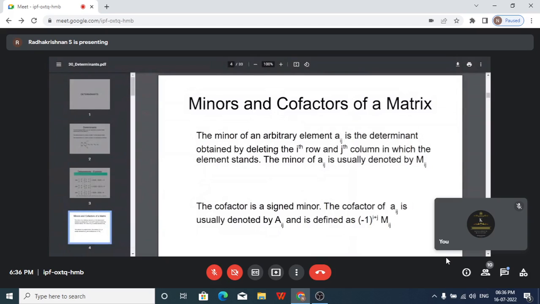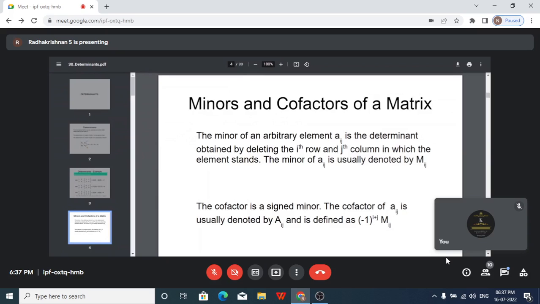So that means we take the first element A11 as positive, after that the next element will be negative, then again positive, then negative, it keeps alternating. So that will be minus 1 to the power of i plus j.